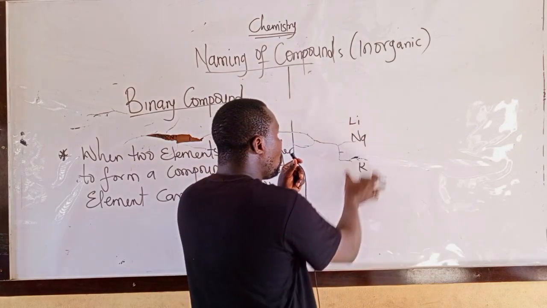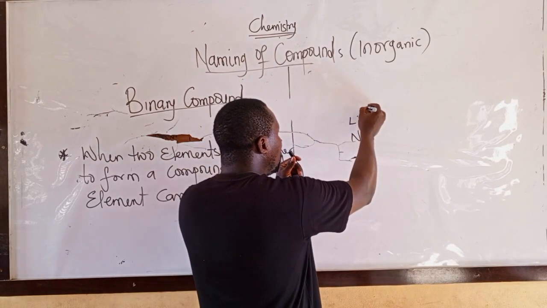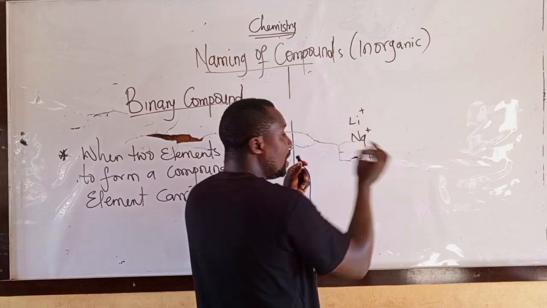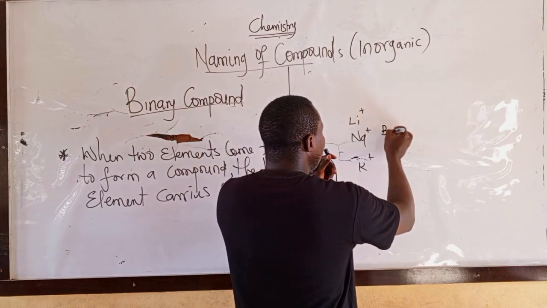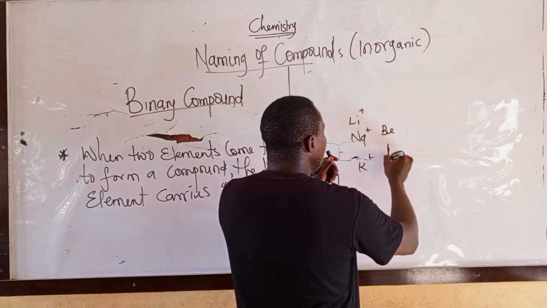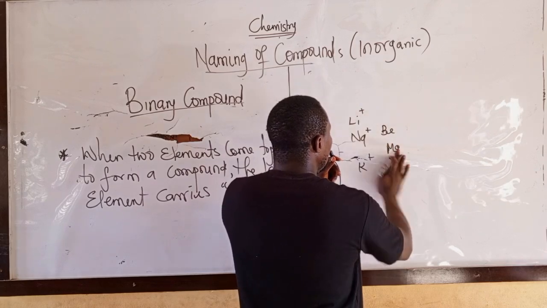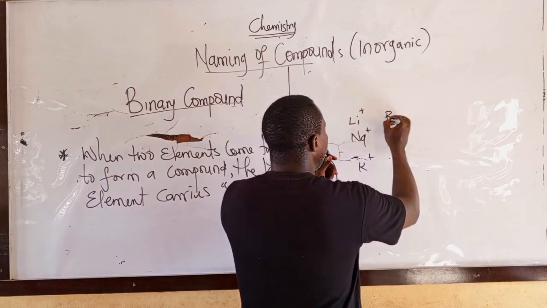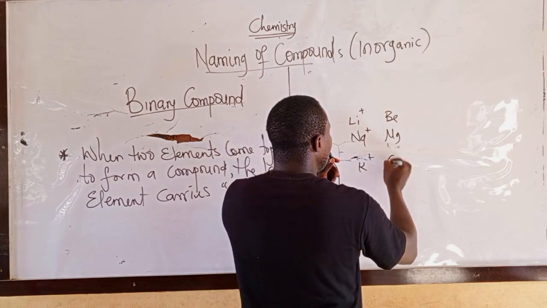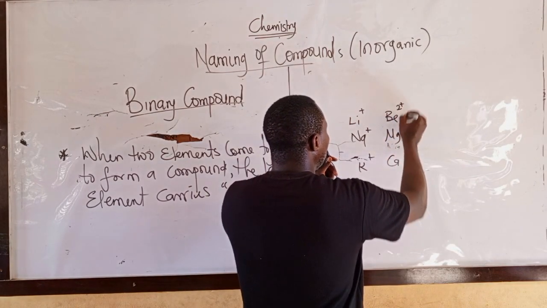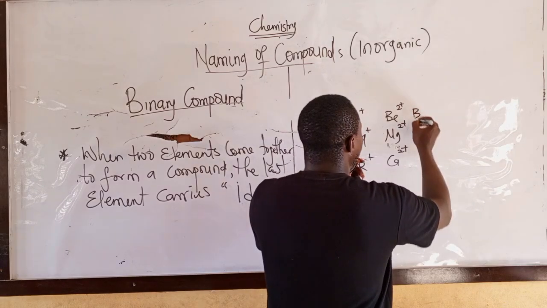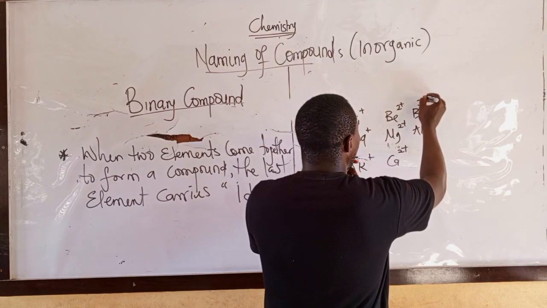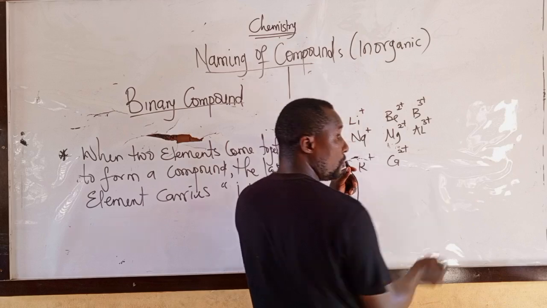In this case, the group 1 elements have oxidation number +1. Group 2 elements, beryllium, magnesium, calcium, have oxidation number +2. Then boron and aluminium have oxidation number +3. Take note of that.